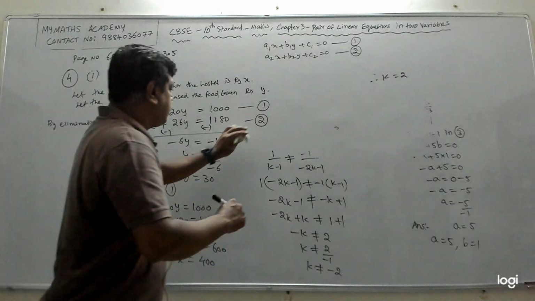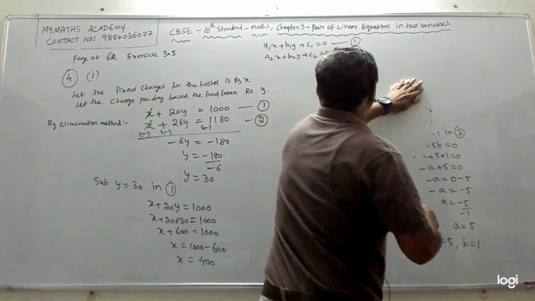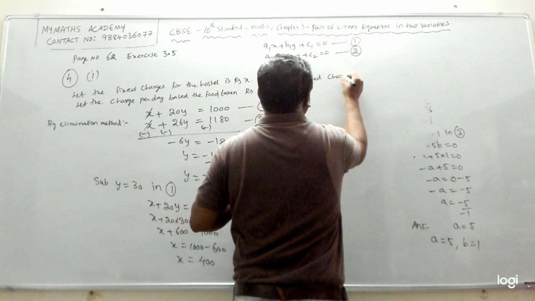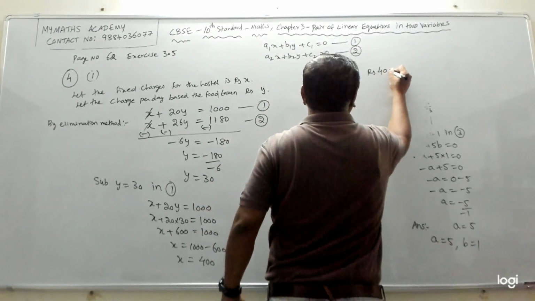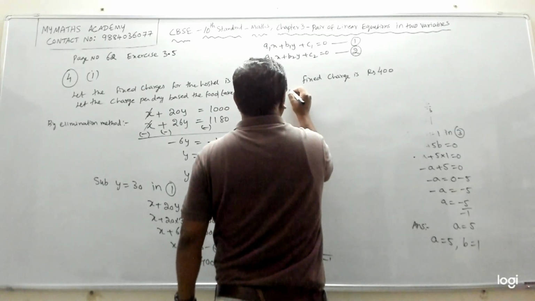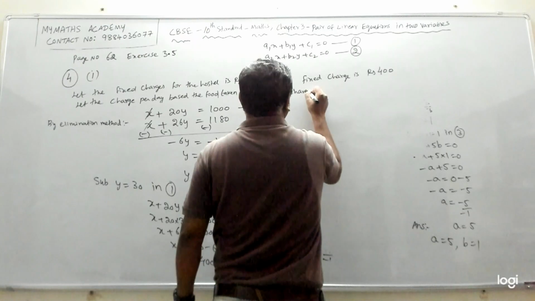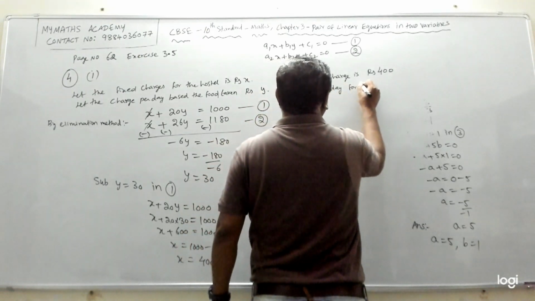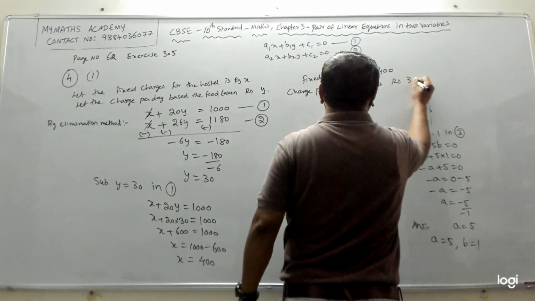So we have solved and found X and Y. The fixed charge is rupees 400 and the charge per day for food is rupees 30.